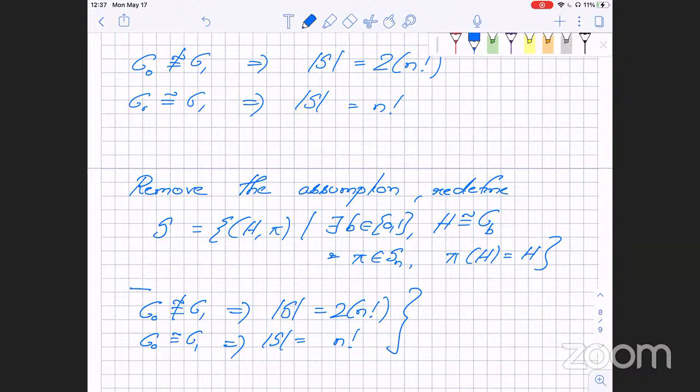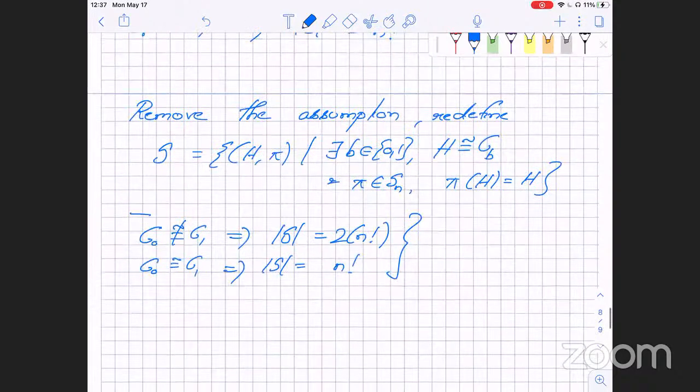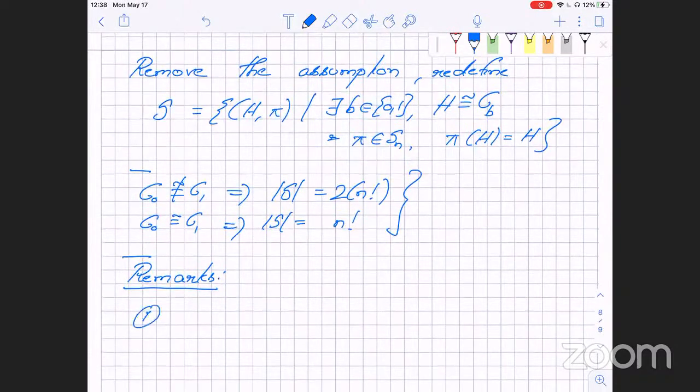The whole point is to show that in one case, the set S is very large, in the other case, the set S is very small. So all that I want you to take at this point are the following remarks or observations. The size of S is different in the yes and no cases.